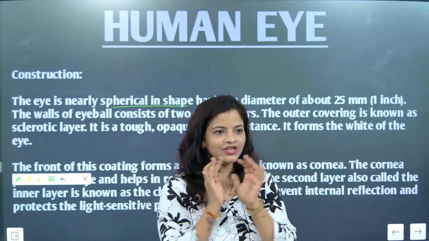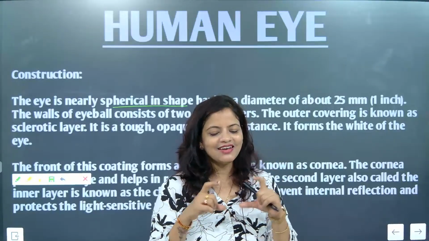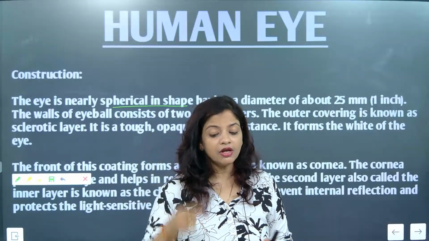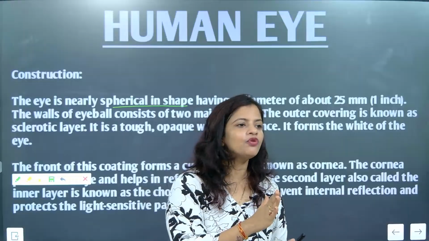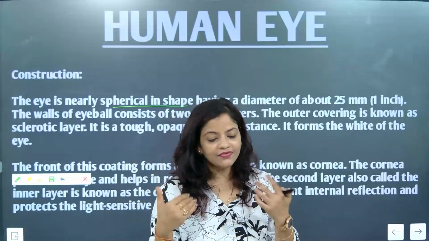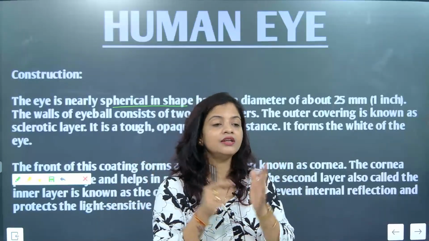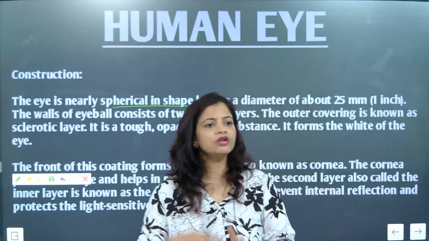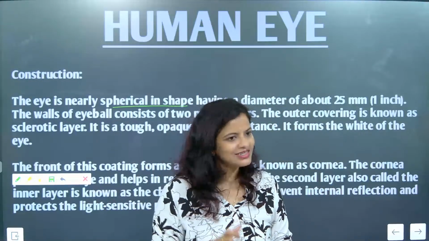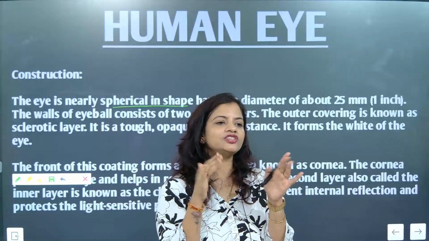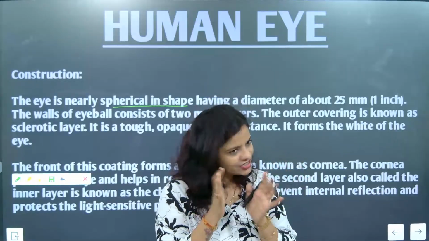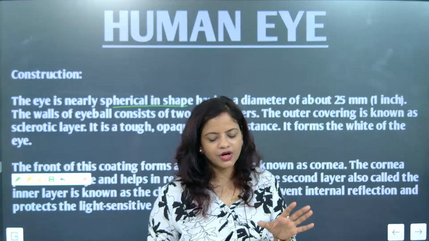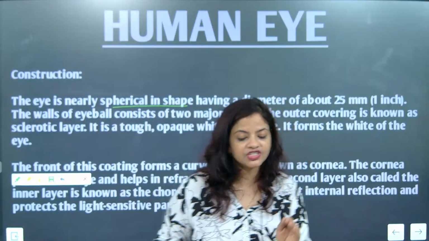The image will not fall on the retina, or the image will fall before or after the retina, and this is making a type of defect. So the aqueous humor and vitreous humor, the fluid present inside, will keep on changing the eyeball shape, and changing the eyeball shape will change the vision. Understood or not?